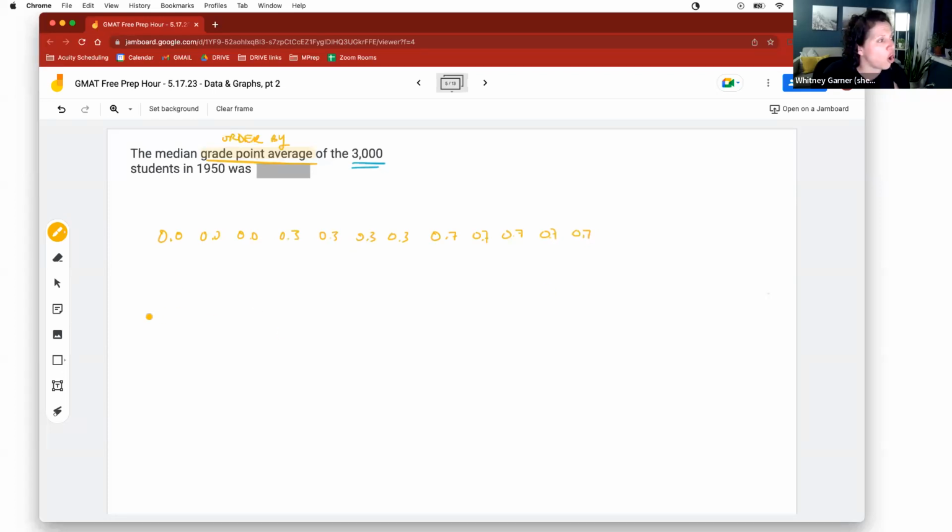So then once I have all these people in order, how do I find the middle one? Where is that middle person going to be in the count? Where would they be? How would I know how to find the middle person?